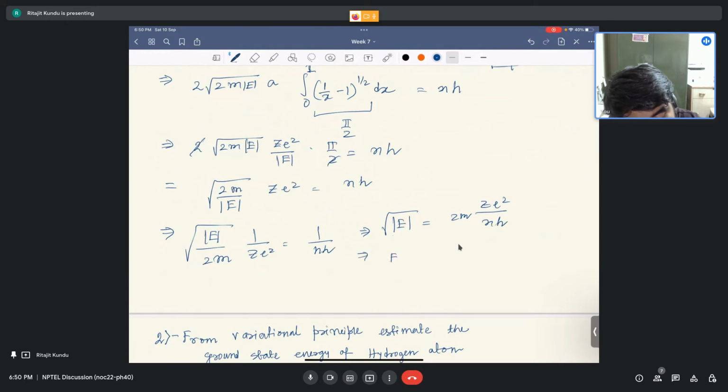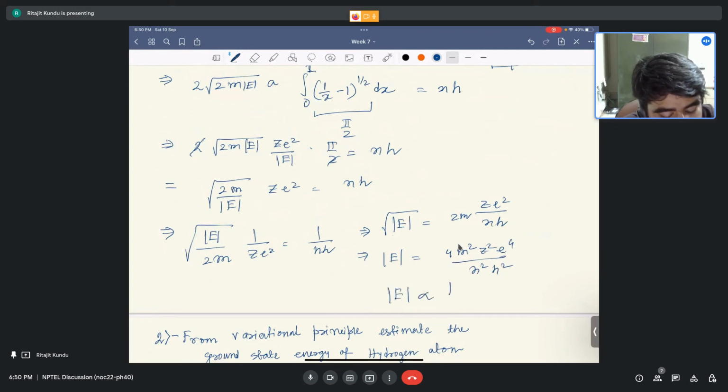And if I just take a square on both the left hand and right hand side, you will see that you get 4m square Z square e to the power 4 by n square h square. There are many things in this expression, but the most important part is that the energy is proportional to 1 by n square, which is the case for the hydrogen atom.